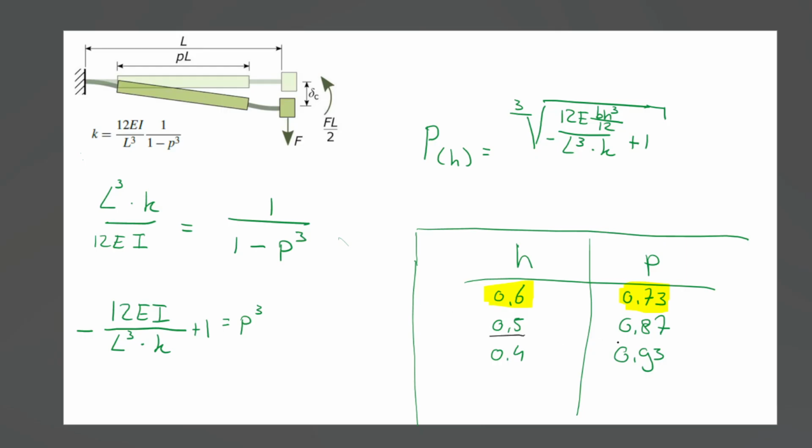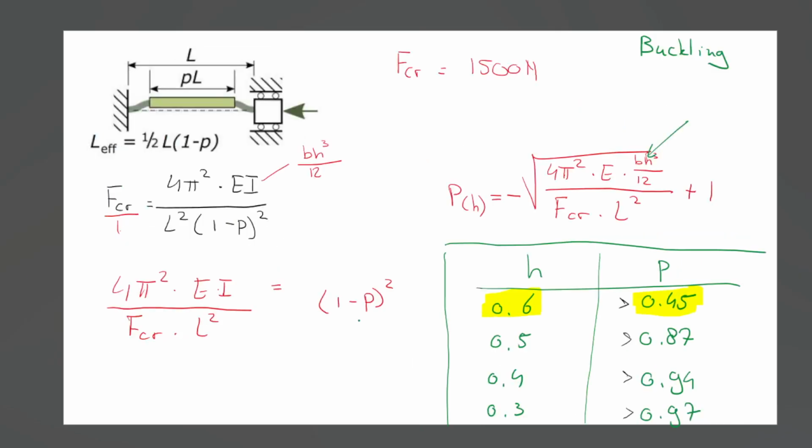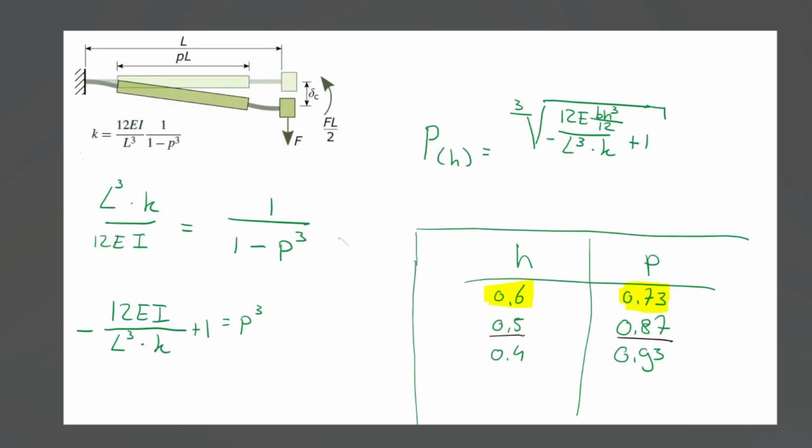For 0.5 we need to have a p-value of 0.87. My 0 is a bit weird. It is 0.87. And for the buckling force, hey, that's also 0.87. That's actually quite neat.